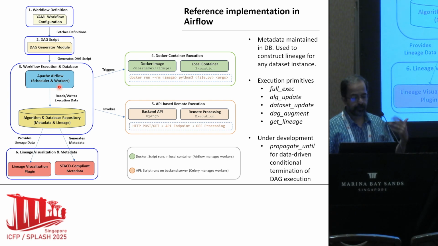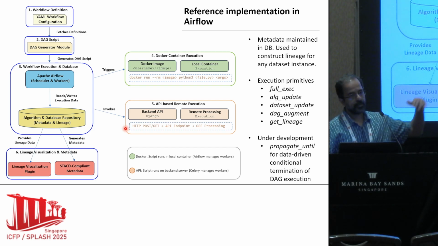And then Airflow can trigger different kinds of computes. So one thing that we've implemented is that the algorithm instance is described in terms of Docker parameters, right? So what's the Docker image and mount points and everything, and then it executes that. Similarly, there's another with API-based things, where the DAG can invoke an API.